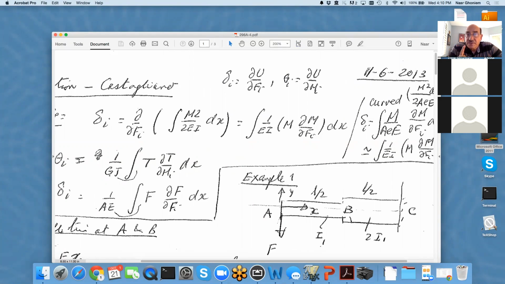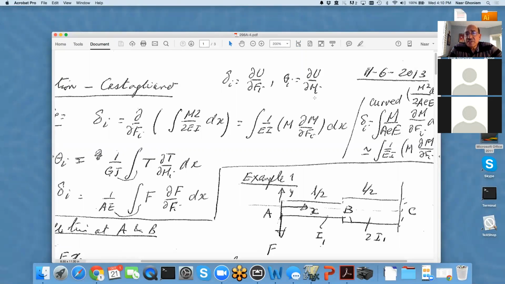It's very important. And if I would like to calculate the rotation at any point, then I take the rate of change of the energy with respect to the moment at that point. So the moment could be a torque or could be an applied moment. So these are the two basic equations that we would use.